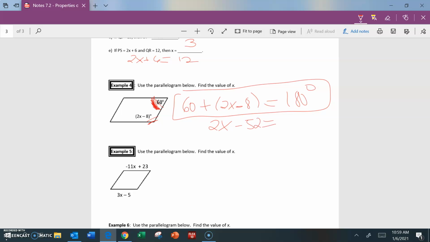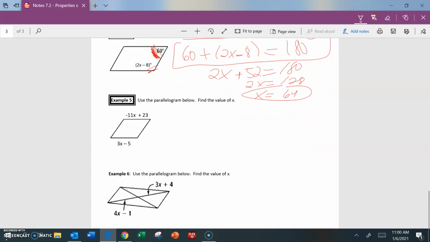And remember, you're always going to show your steps as I walk through them. So you would add 52 to both sides. No, I'm sorry. Did I write that down wrong? Yes, I'm sorry. That should be a plus 52. My bad. So you're going to subtract 52 from both sides, and then when you divide by 2, you should get x equals 64. And that's all it asks for.